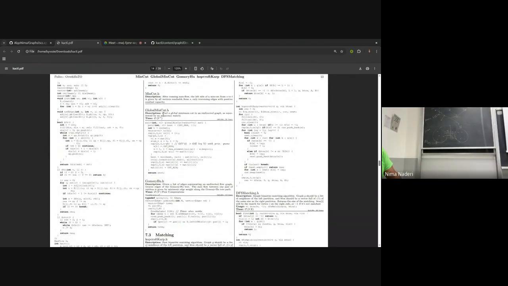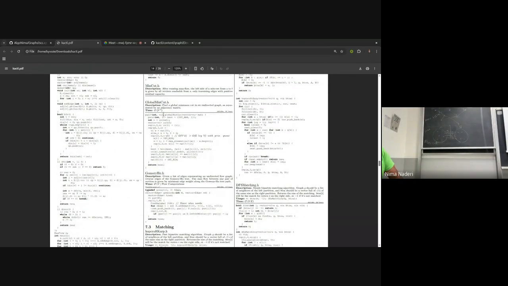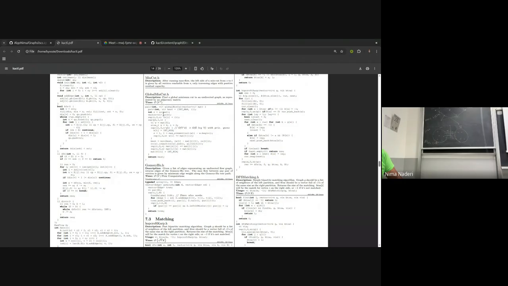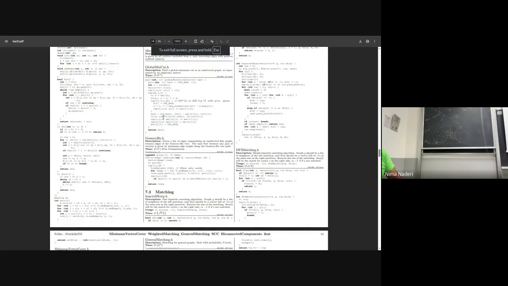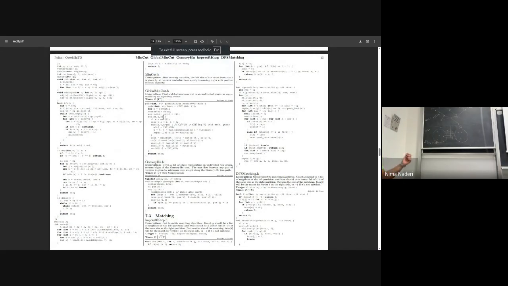Then, also another thing which is related to this stuff is matching. So the matching problem, let's start with the bipartite one because the other one is NP, if I'm not wrong. We have our bipartite graph and we want to find the maximum matching there.